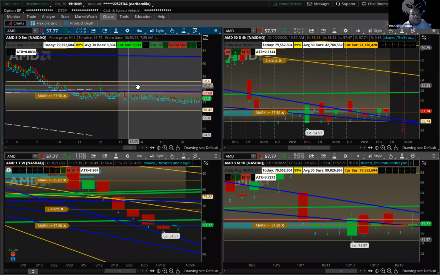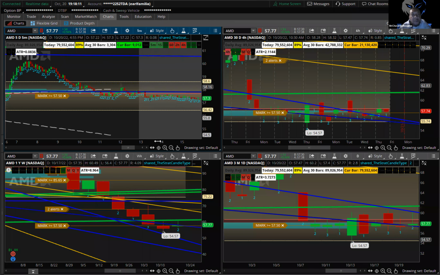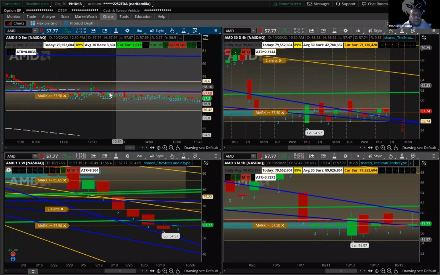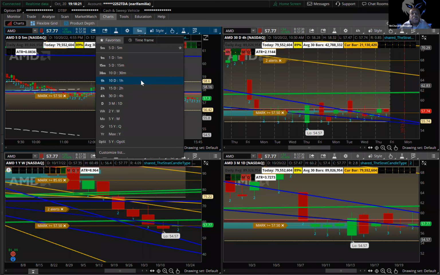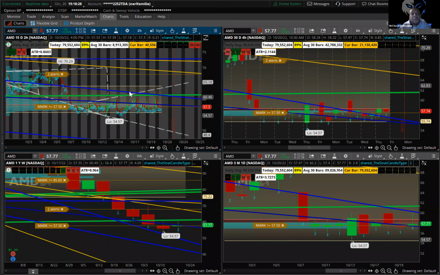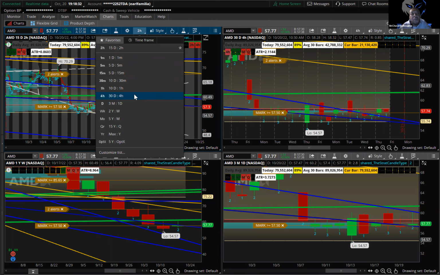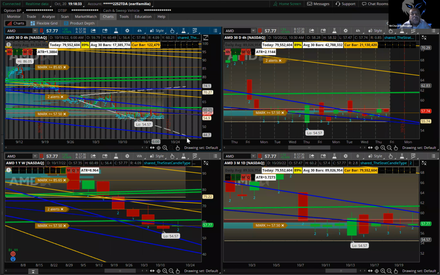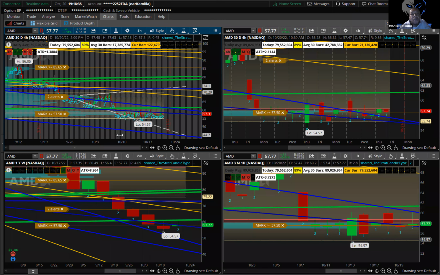Playing with my money, smoking. Yeah. So it closed underneath on the 5 minute. This is crazy town, yo. Below on the 2 hour. Below on the 4 hour.